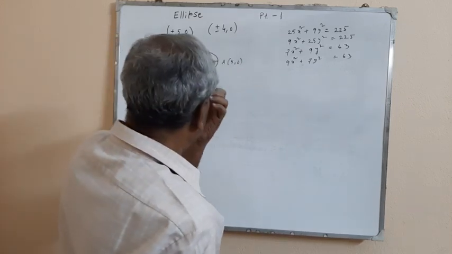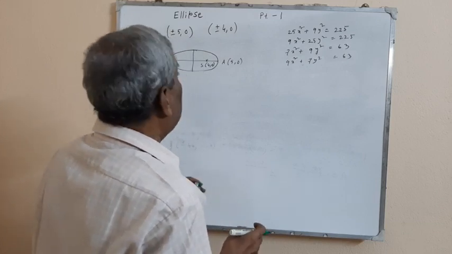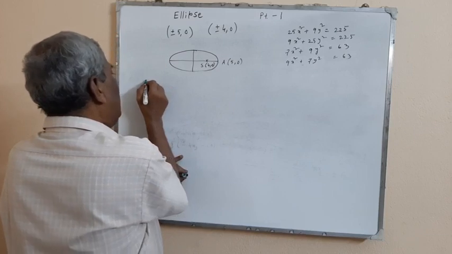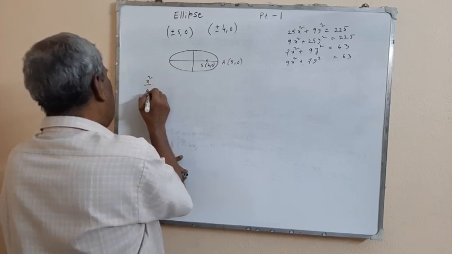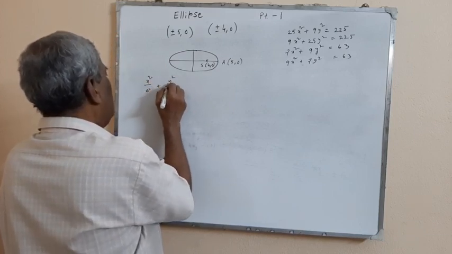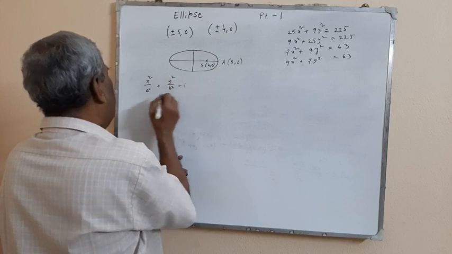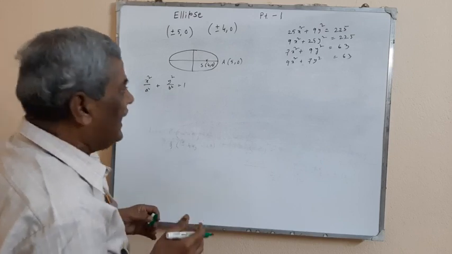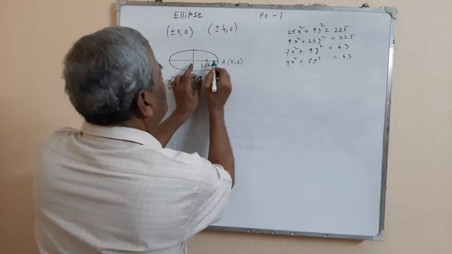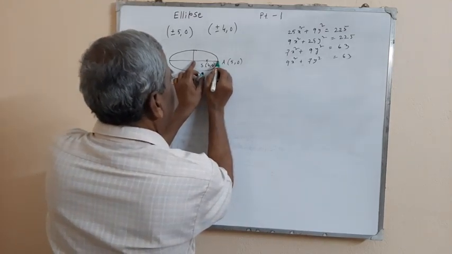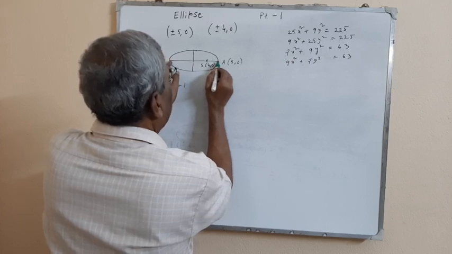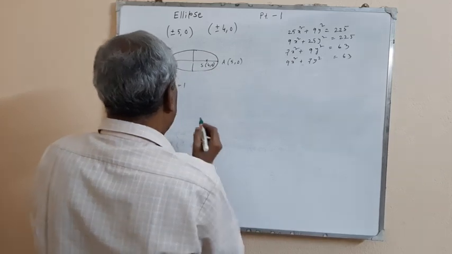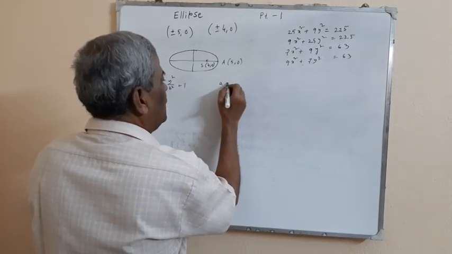To get the equation of the ellipse, it is of the type x square by a square plus y square by b square is equal to 1. We have to find a and b. This is a, this is 2a, the length of the major axis is 10, so a is 5.